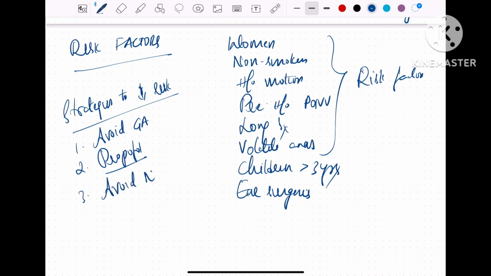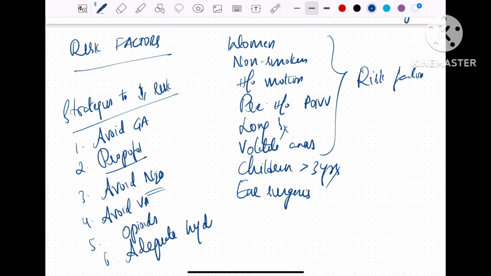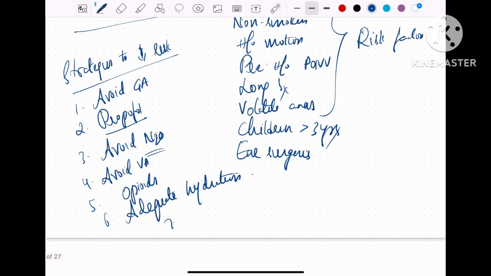Avoid nitrous oxide for long surgeries lasting more than 1 hour. Avoid volatile anesthetics. Minimize the use of intraoperative and postoperative opioids. Ensure adequate hydration of the patient. And use sugammadex instead of neostigmine for reversal of neuromuscular blocks.